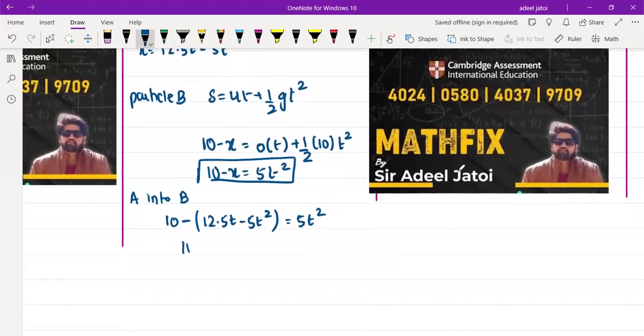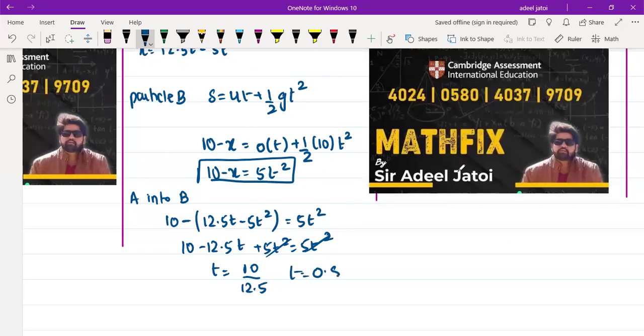So this will be 10 minus 12.5t, and considering the signs, the 5t square cancels out. So t becomes 10 upon 12.5, so t is 0.8 seconds.